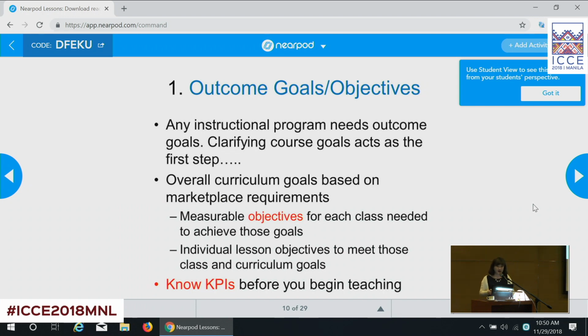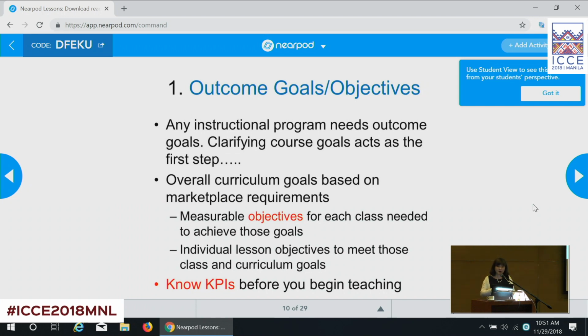The first step is outcome goals and measurable objectives. Any instructional program needs outcome goals for the students. Therefore, clarifying the course goal should act as the first step in the process. Overall curriculum goals are usually set and determined based on marketplace requirements, including employer expectations and governmental and institutional requirements.